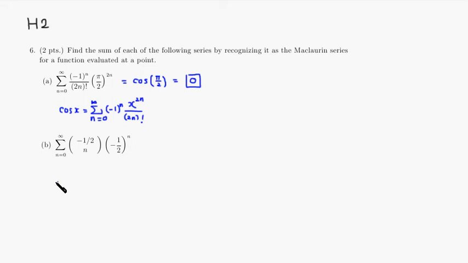Remember that the binomial series goes like this: 1 plus x raised to the p power is equal to the summation n goes from 0 to infinity of the binomial coefficient p choose n times x to the n. Then you notice that you can identify the values there.